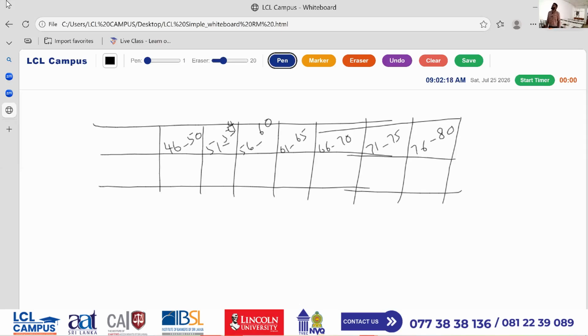Right? This is the example. Then they ask to calculate the median. Try.